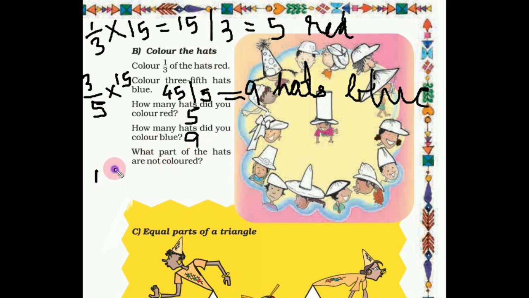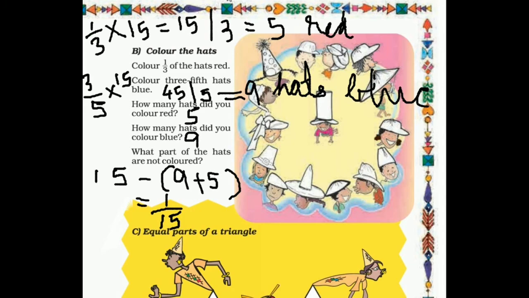So 15 minus 9 plus 5 is equal to 15 minus 14, 1. So 1 head is not colored, and here part is asked. So 1 upon 15 we can write.